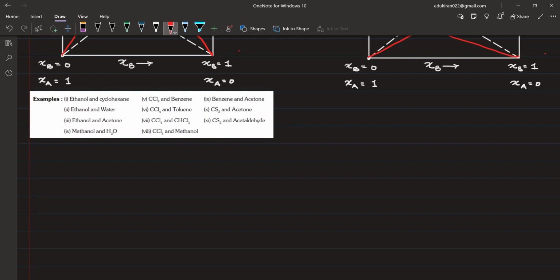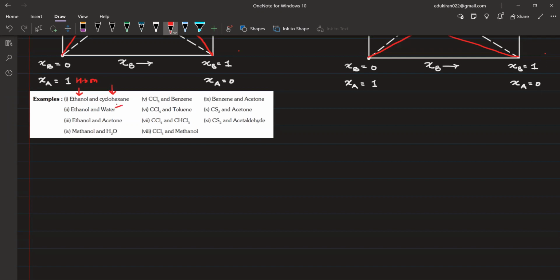Let me tell you what is happening. See, you have ethanol. Ethanol has hydrogen bonding. So when you have hydrogen bonding and you are adding cyclohexane, which is non-polar, cyclohexane will come in between the ethanol and break the hydrogen bonds. So what is happening? The attraction is breaking.